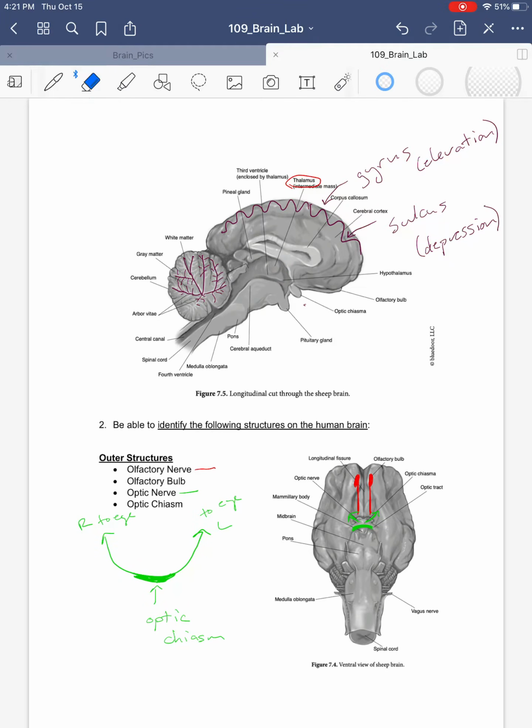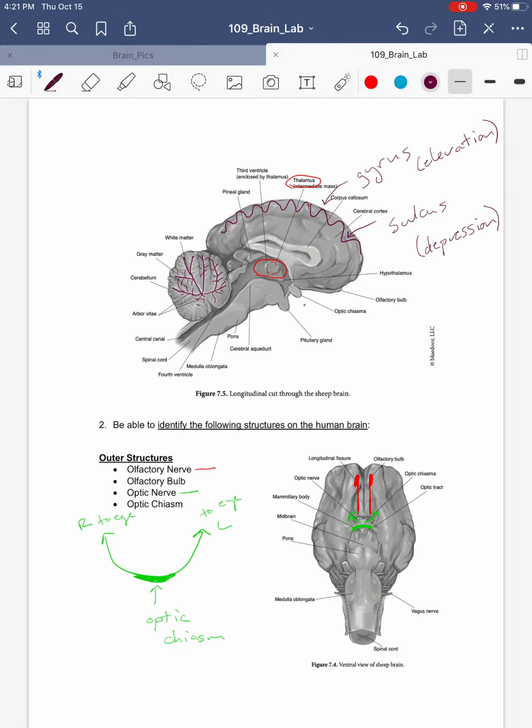When I have it in person, I almost say it looks like a boob because it's an elevated oval and it has this elevated ridge on it, kind of like a nipple. People laugh, but if you can think of any way to remember these, do it. Don't be shy. So that region in red is going to be the thalamus.